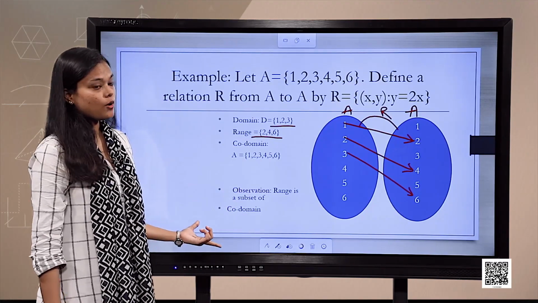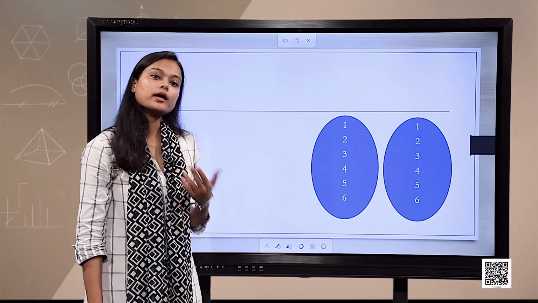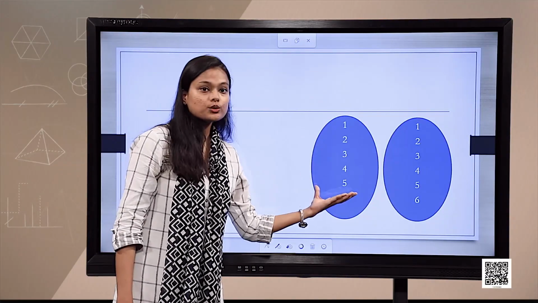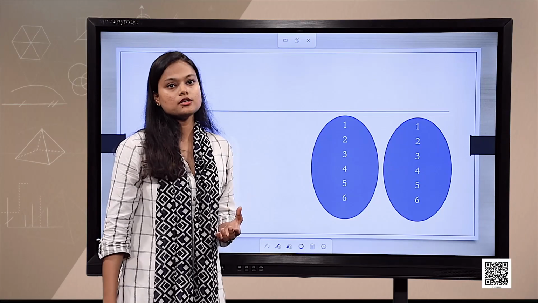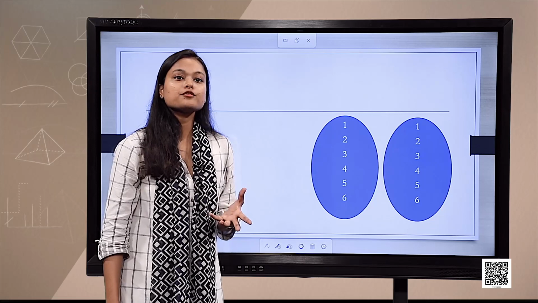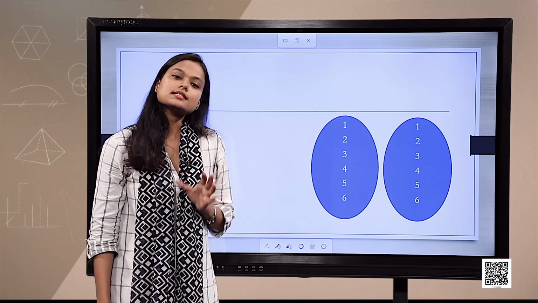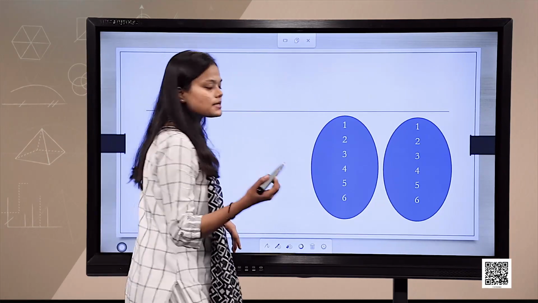Now, observation, we have already observed that range is a subset of a codomain. What I am giving you now is the visual representation and you have to find the relation of it. That means, you have to write the relation in set builder form. Very simple.